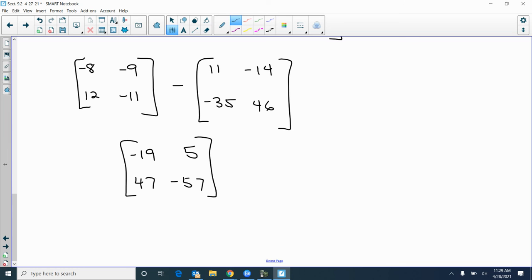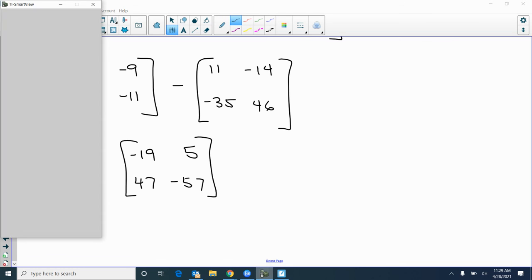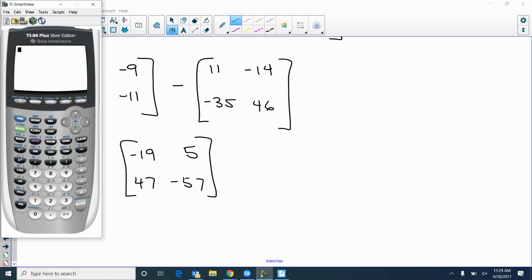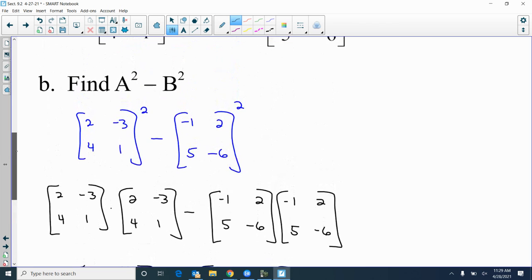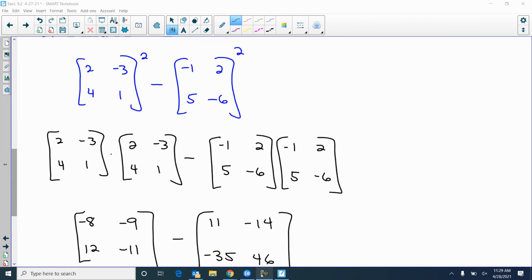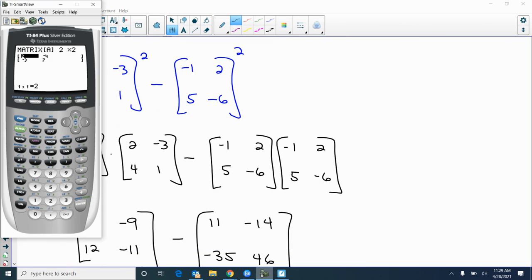All right. Now, when you are doing something like this, you have to know how to do this without your calculator, but if you wanted to check things, you could type in your matrix. So a 2 by 2. What was matrix A? Let me just look that up real quick. 2, -3, 4, 1.